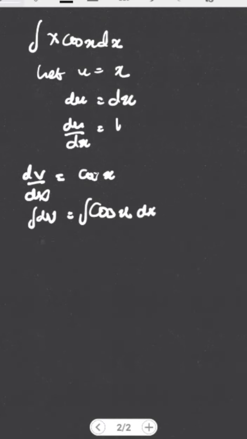And therefore I'm going to say that v would be equal to the integral of cos x, and I'm going to get sine of x. Having got that, I go back to our expression, where my u in this case was x.